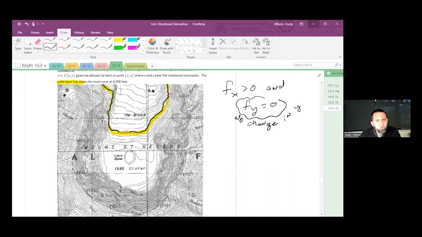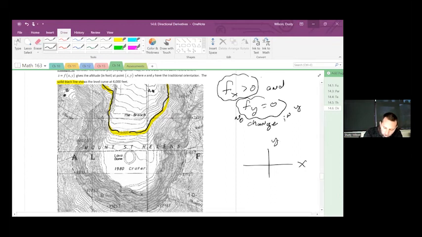If there's no change in the y direction, this means that our contour line is going in the same direction as the y, right? Because here we would have our normal orientation x, y. So no change along the contour line vertically. And in the x direction, we want to be going up, left to right, so we want to be increasing.